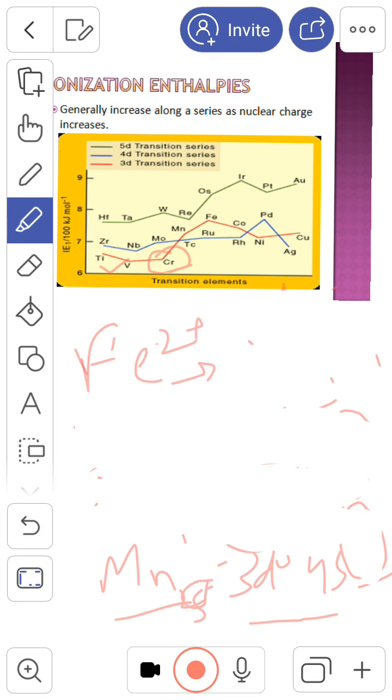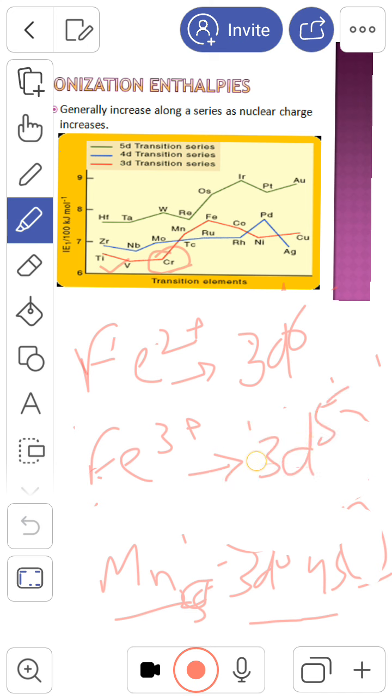Iron, atomic number 26, has outer electronic configuration 3d6 4s2. When we remove the 2 electrons, we are left with 3d6, and when we remove the third electron, we are left with 3d5, which is a stable, exactly half-filled configuration.